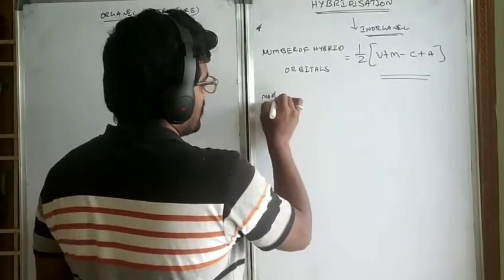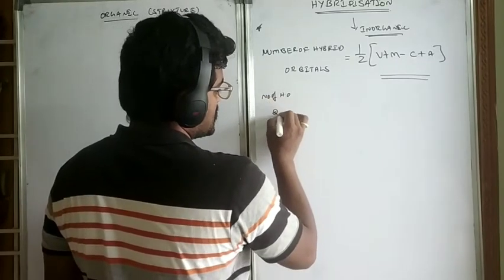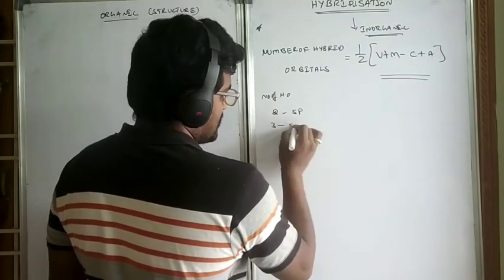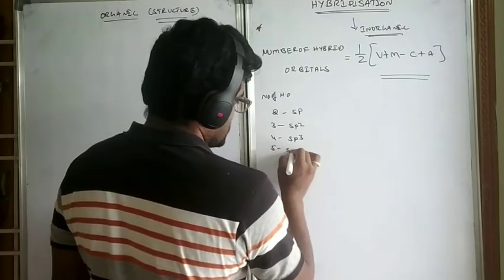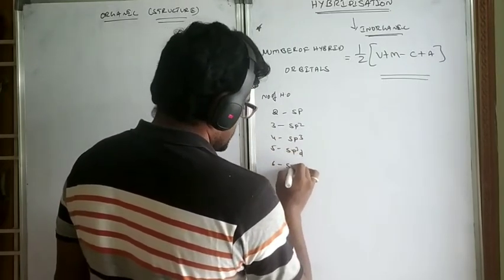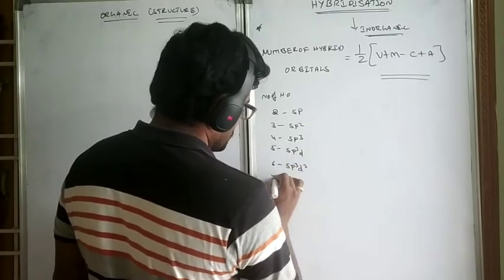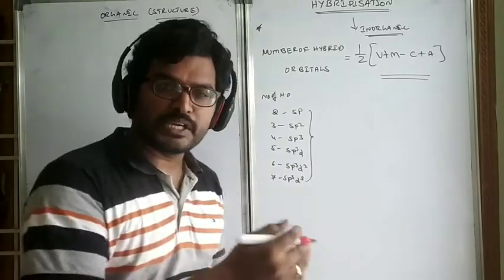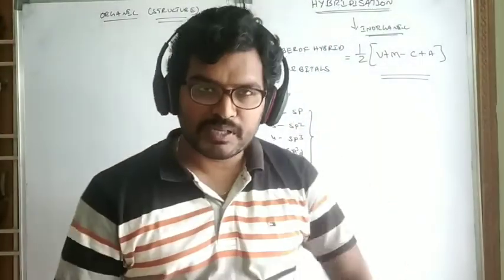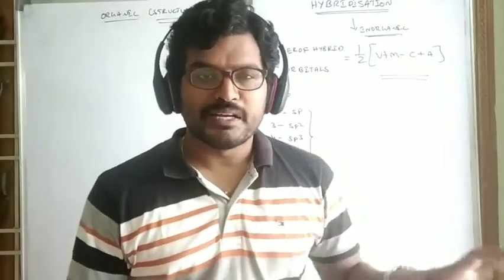If the number of hybrid orbitals is 2, it is sp. 3 means sp2, 4 means sp3, 5 means sp3d, 6 means sp3d2, 7 means sp3d3. Don't worry about the inner orbital complexes. For inner orbital complexes, in the complexes topic, I will explain with a better example.